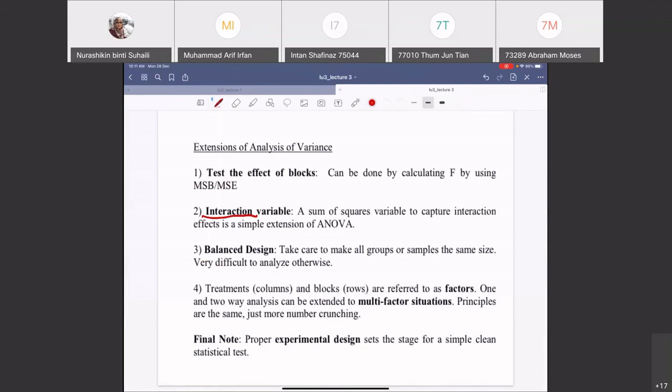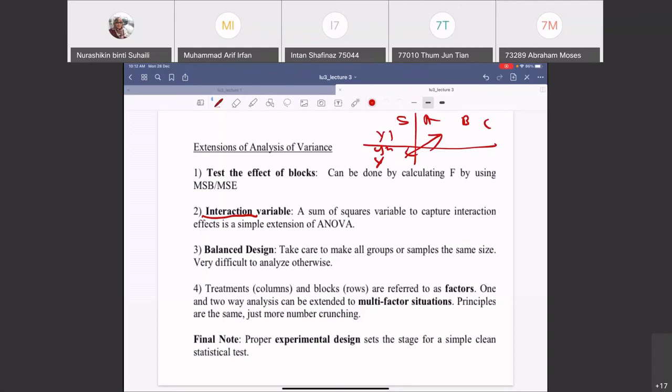Imagine just now the samples A, B, and C again, and then we have, let's say, year 1, year 2, year 3. So interaction means like what is the year 1 for all, what is the year 2 for all, I mean across factor 1. This is what we call interaction, when the two factors meet, when the two factors coincide. Okay, so that is the importance of blocking.